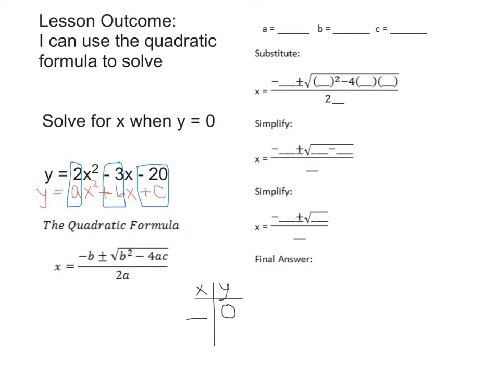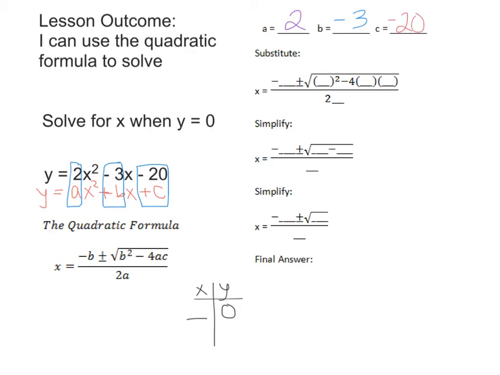So if we put those numbers in their spots up here, I'm going to put a 2 in for a, and negative 3 goes in for b right here, and our c value, our constant, is negative 20, so negative 20 goes in for c.